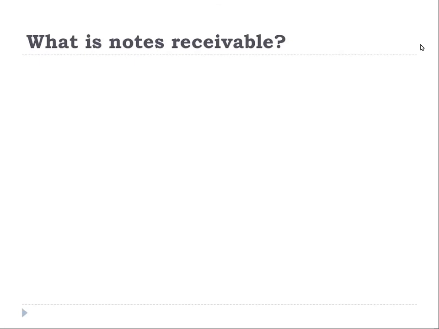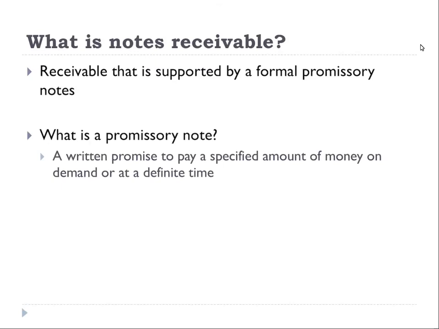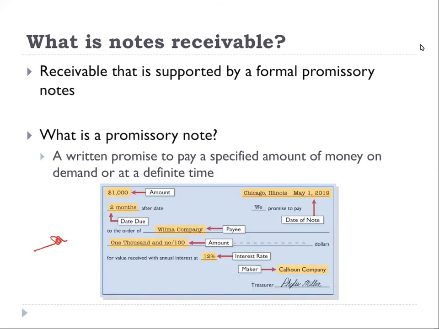Next, we are going to talk about notes receivable. What are notes receivable? Notes receivable are basically receivables that are supported by a formal promissory note. So what is a promissory note? A promissory note is a written promise to pay a specified amount of money on demand or at a definite time. Here is an example of a promissory note.